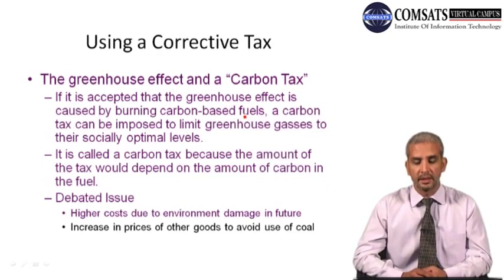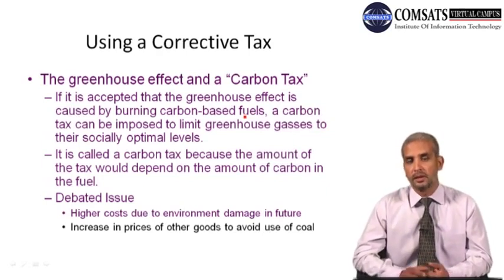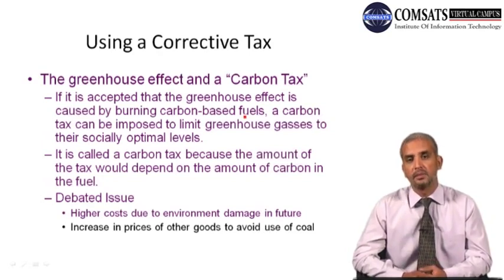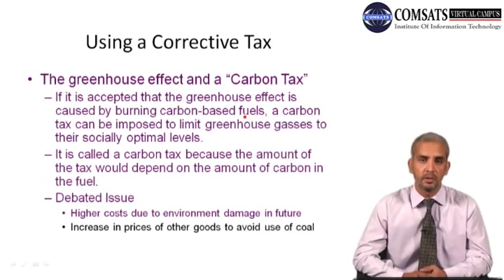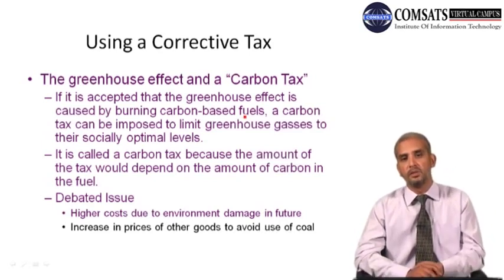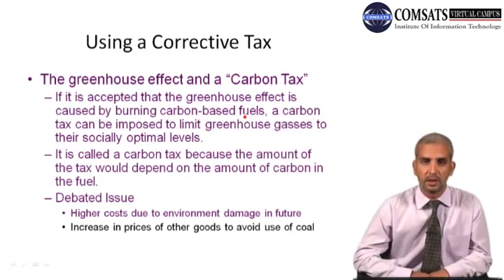In that case, that would increase the demand for other types of fuel and increase their prices. And once the prices are increased, that would increase the prices of goods being produced by the producers, and so there would be a higher cost towards that.